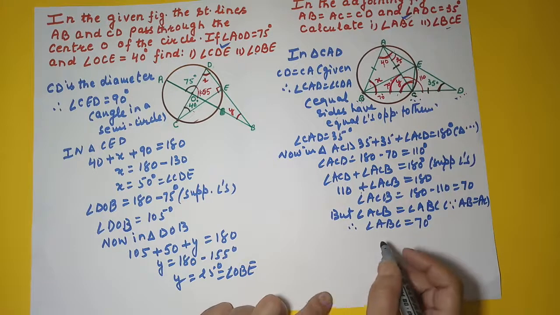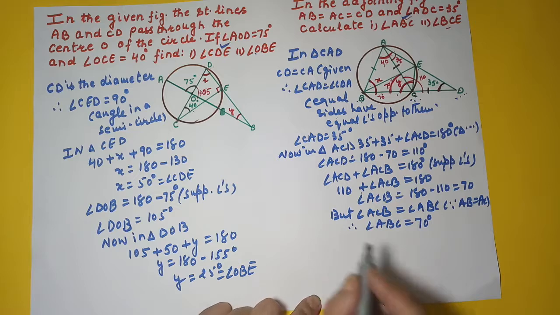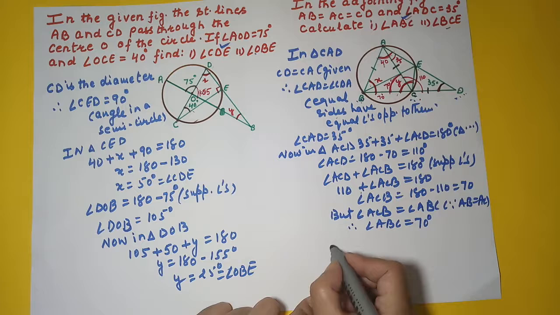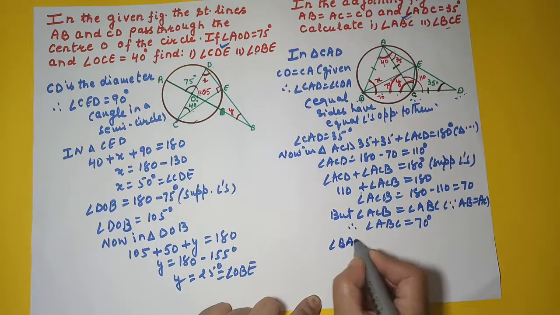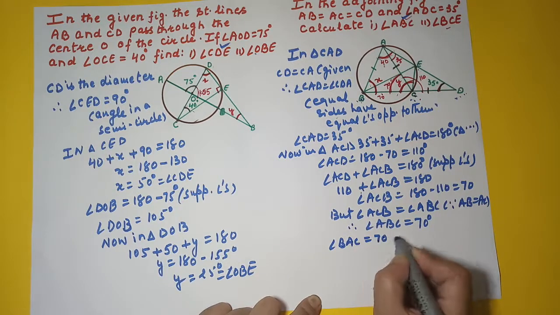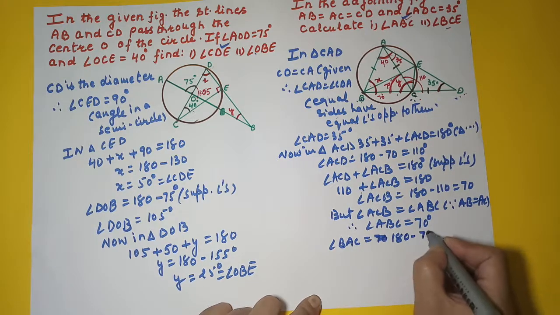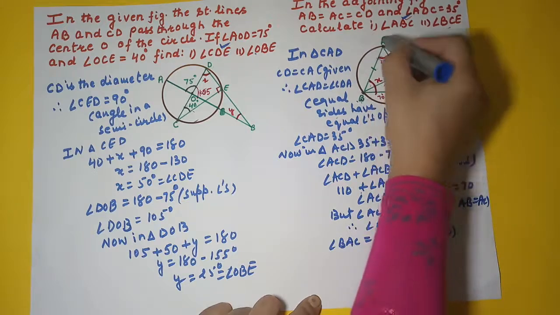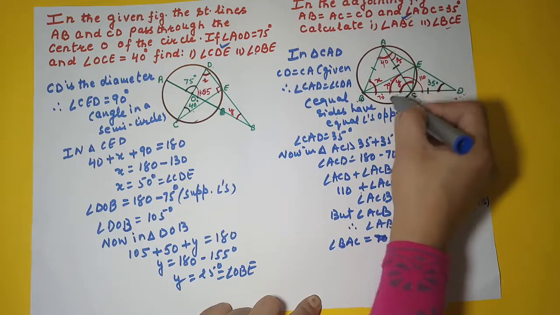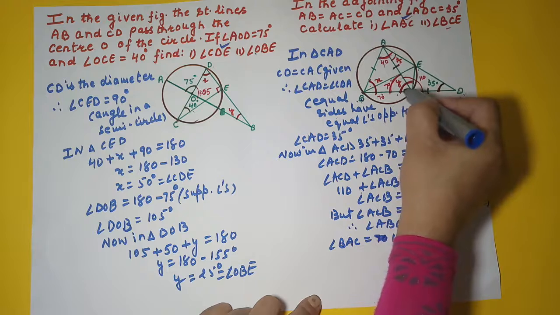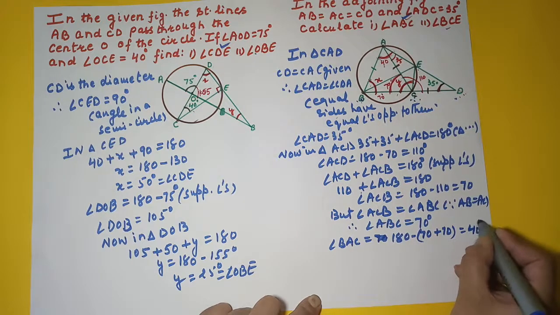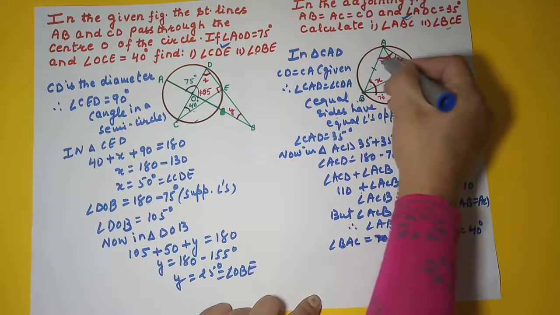So what you will do is, first calculate this angle, that is BAC. So angle BAC will be 180 minus 70 plus 70, that is 70 plus 70, 140, 180 minus 140, which is equal to 40. You found this angle now, 40.